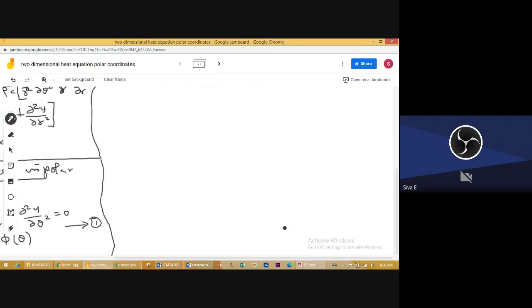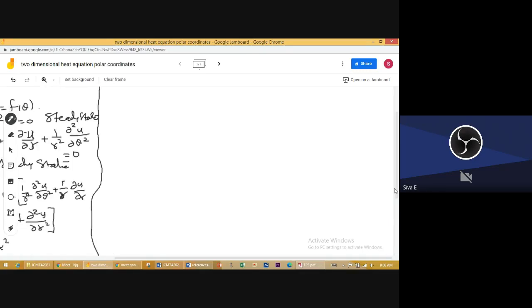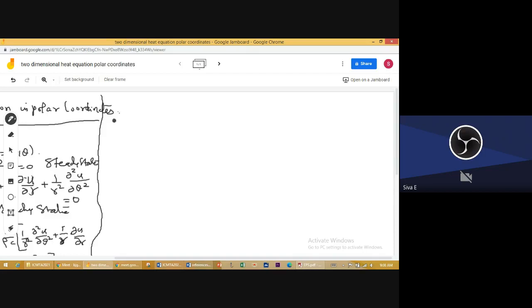So what is dou square u by dou r square? Dou square u by dou r square equal to R double dash of r into pi of theta.